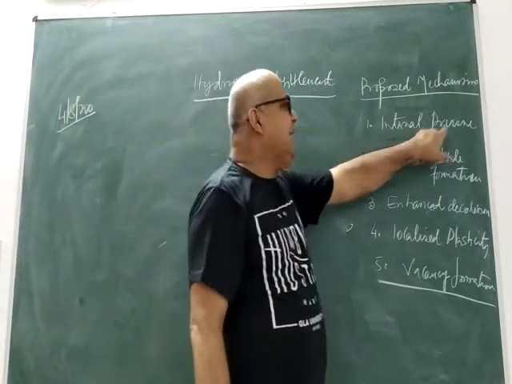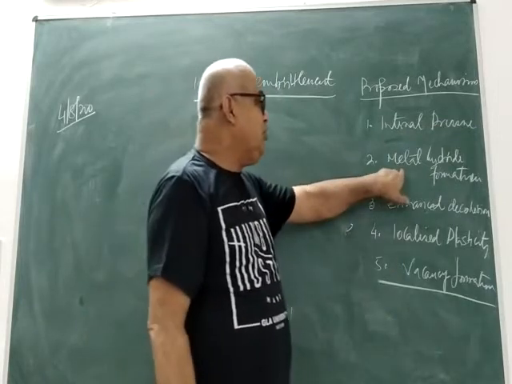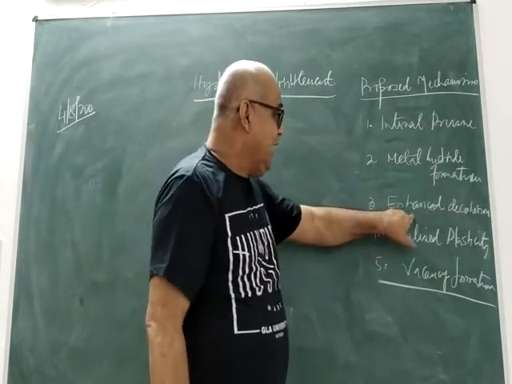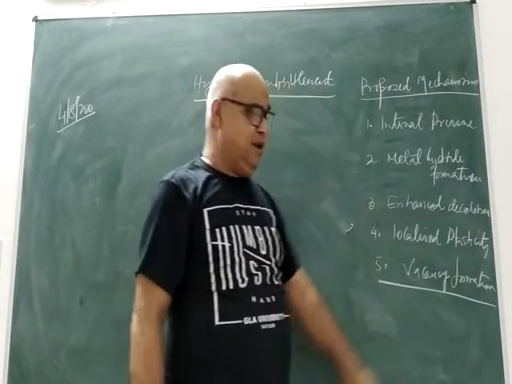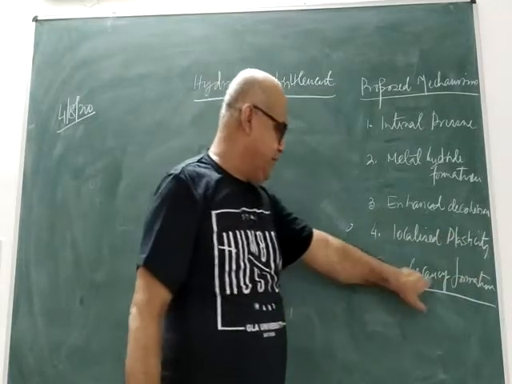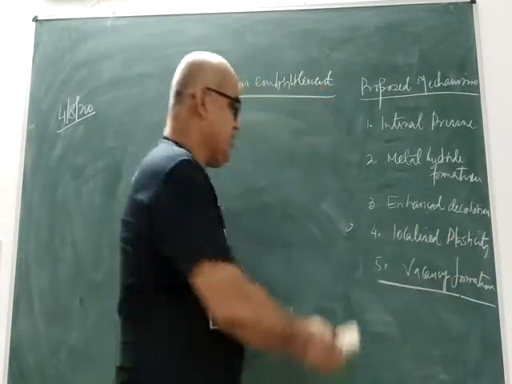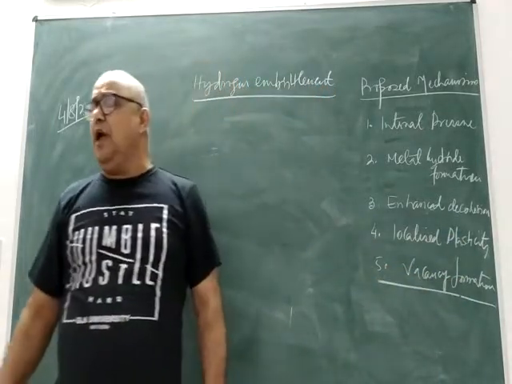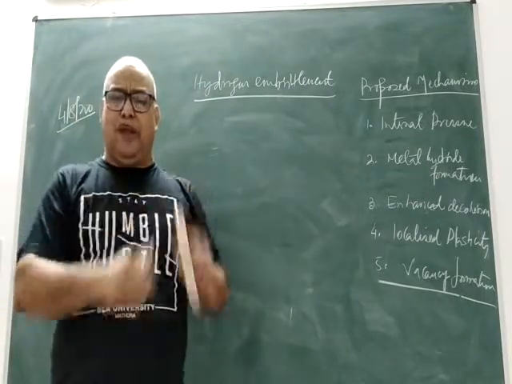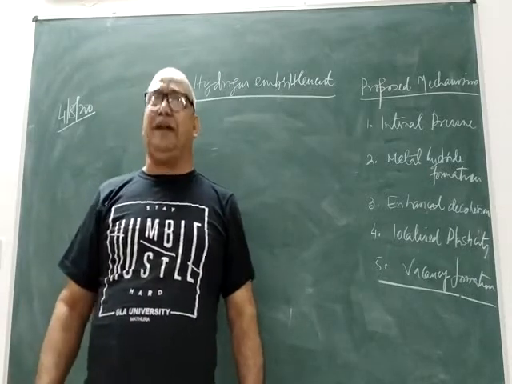Number one is internal pressure. Number two, metal hydride formation. Number three, enhanced decohesion. Number four, localized plasticity. And number five, vacancy formation. These are different mechanisms which are proposed by scientists to explain hydrogen embrittlement.